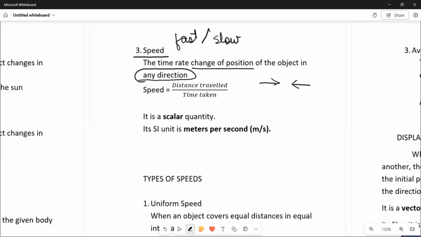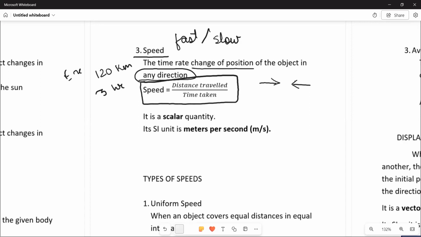And to calculate the speed of any object, we have a formula given over here, that is speed equals distance traveled upon time taken. If we take an example of, say, you are going to a village which is 120 kilometers away from your home, and it takes 3 hours of time to reach your village.